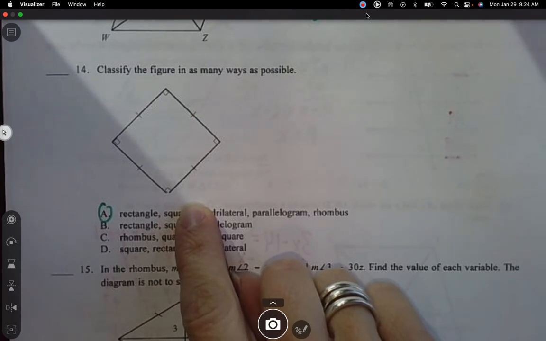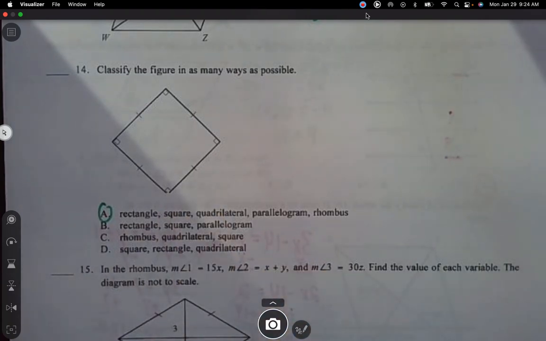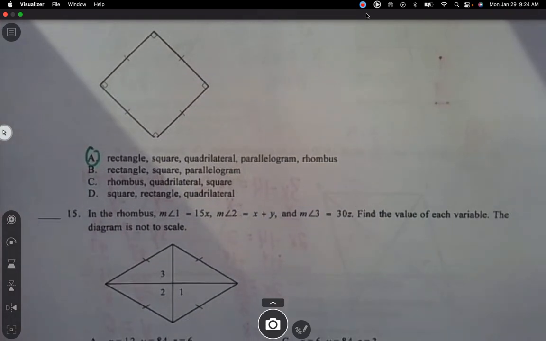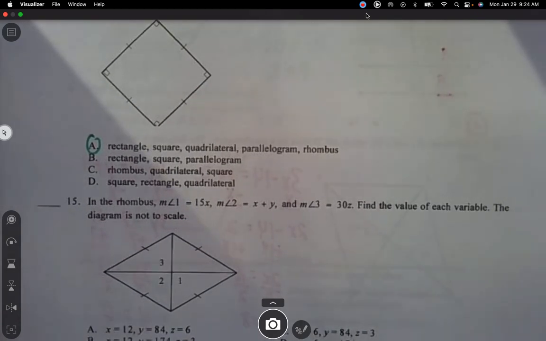It's a quadrilateral because there's four sides. And then it's a parallelogram. Well, no, quadrilaterals aren't necessarily parallelograms, sorry. But anyway, because a square, a rectangle, and a rhombus are all parallelograms. So that thing is a parallelogram.